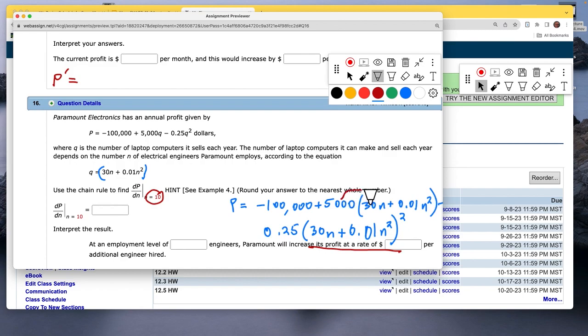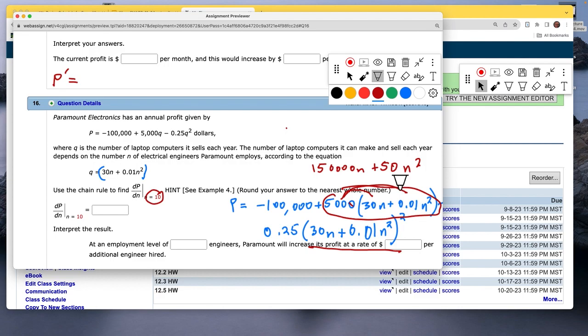I would just go ahead and distribute this 5,000. So that's going to give us 5 times 3 is 15 with 1, 2, 3, 4 zeros. And then 0.01 moves the decimal back 2 places, so that's going to be plus 50 n squared. So that's what this part becomes.